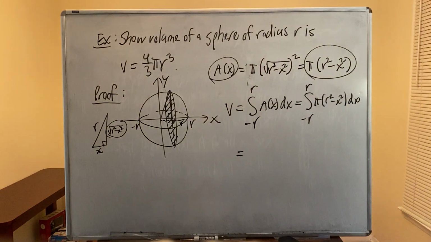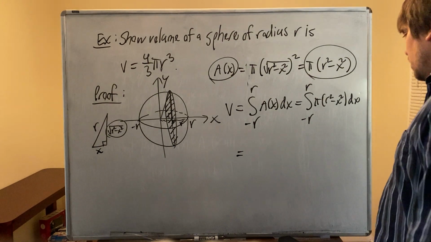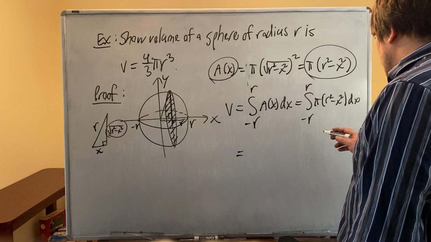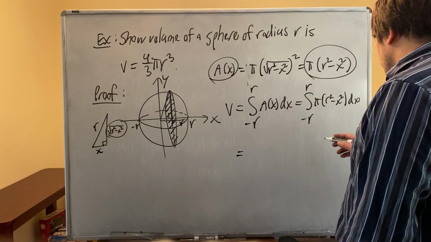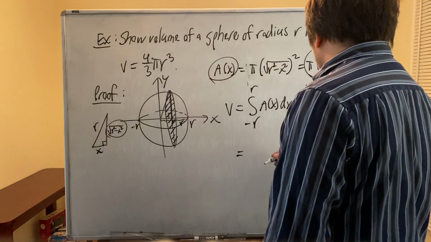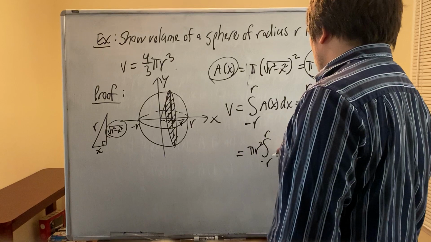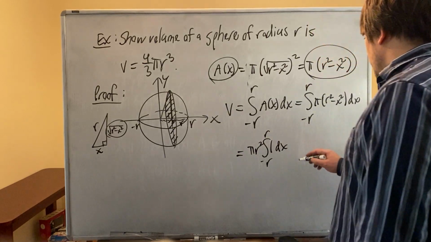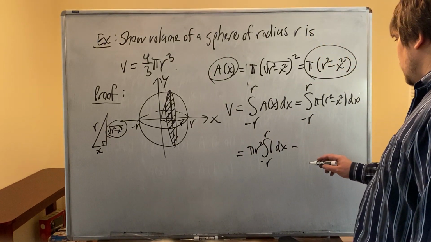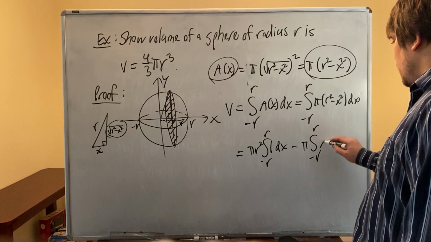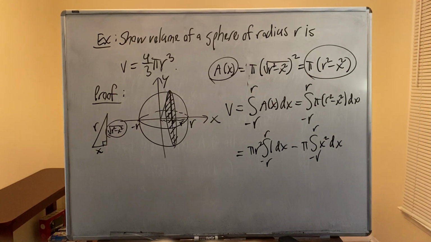Okay, good. So now, this is pi r squared, the integral from negative r to r of 1 dx, minus pi times the integral from negative r to r of x squared dx.